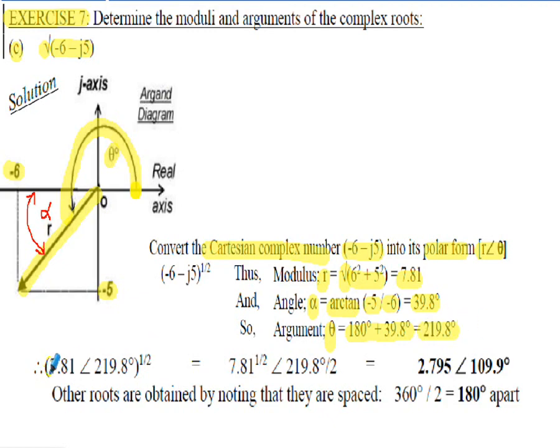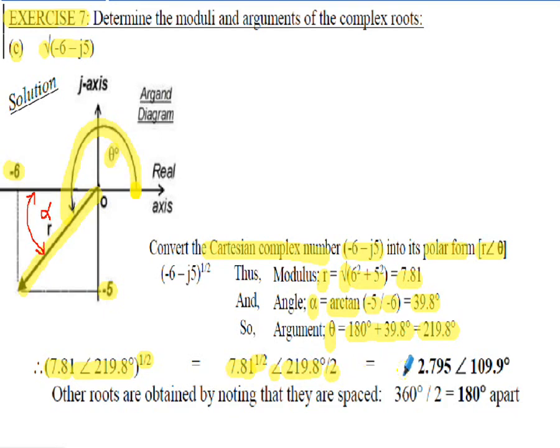So in polar form, we now can write the complex number as 7.81 argument 219.8 degrees, and we're trying to find the square root, power of a half. So applying DeMoivre's theorem, we write that as 7.81 to the power of a half, argument 219.8 degrees divided by 2.